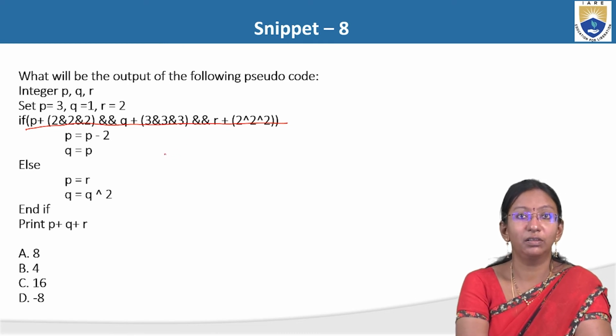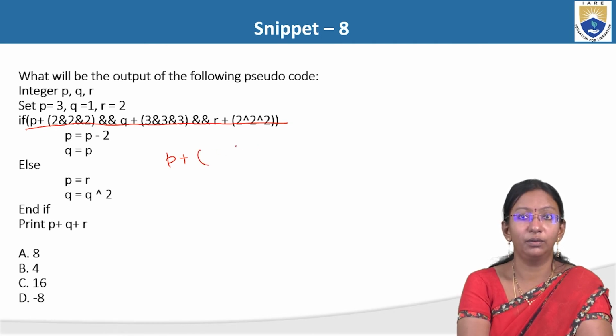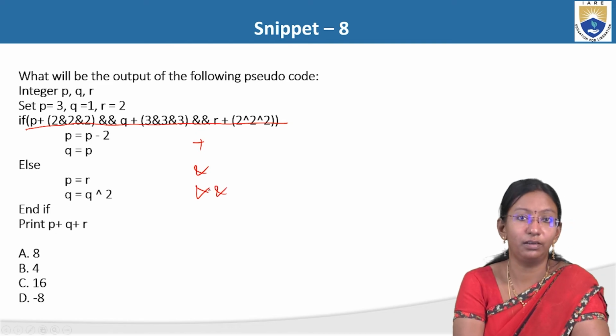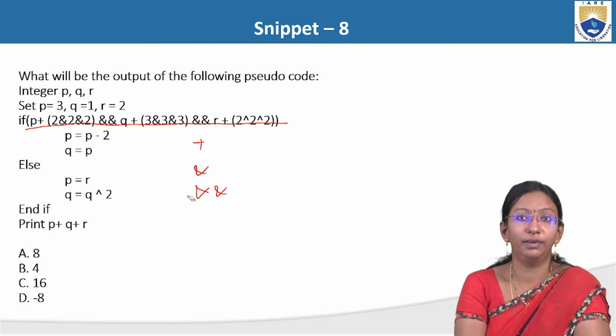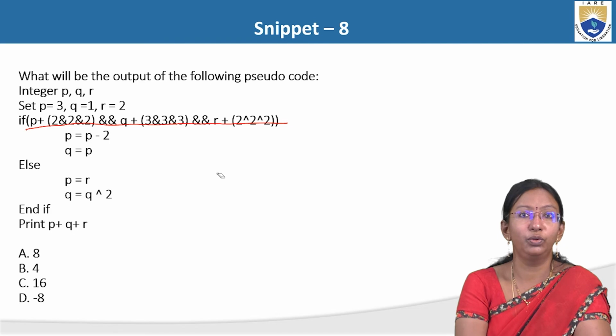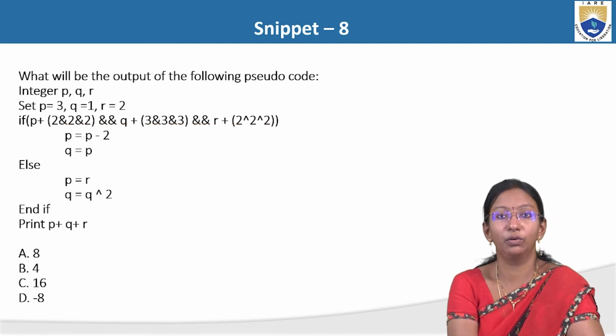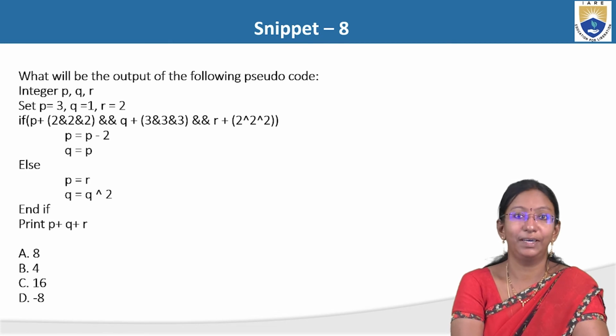So it is P plus a lot. Okay, let me make a count of operators. It is addition, bitwise, logical AND. Okay, fine, good. So do you need to evaluate all? Let me evaluate all, and later we'll think of what extra work we have done.